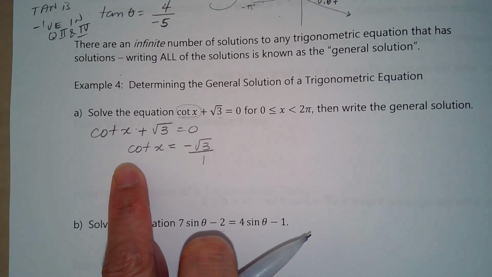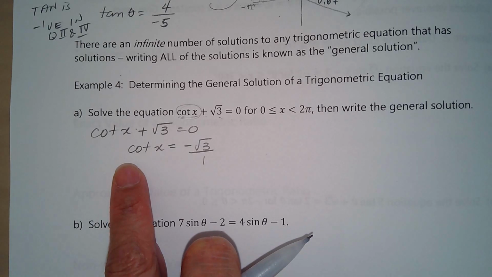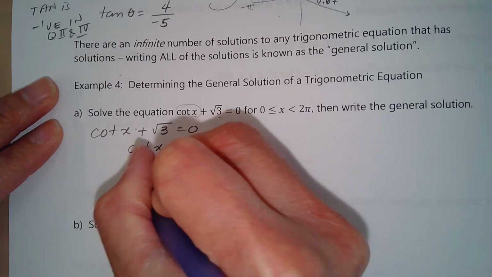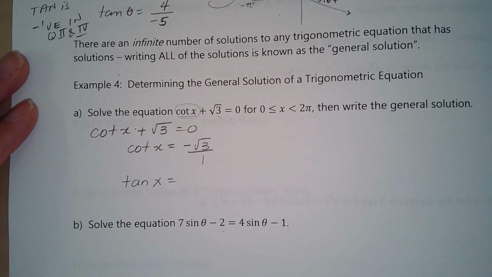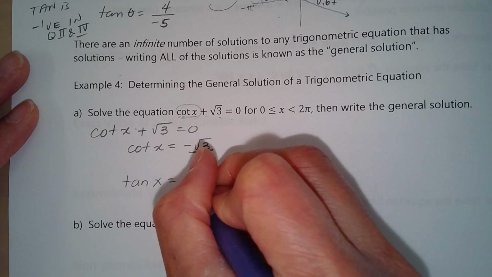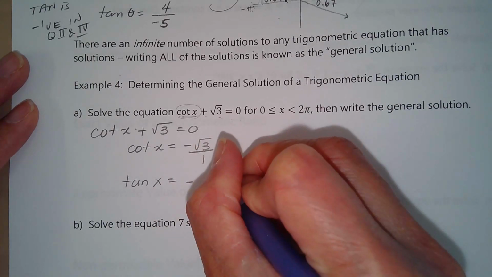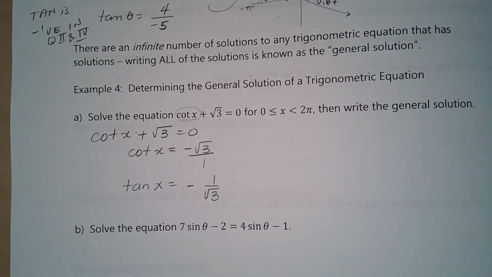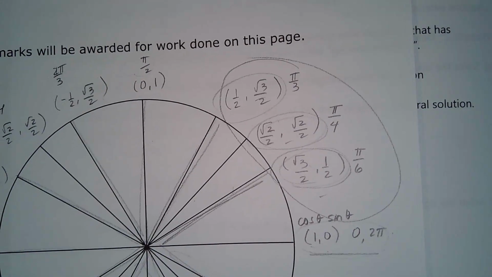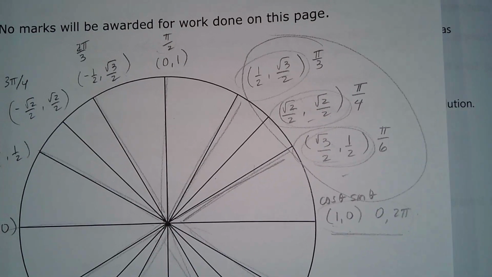Now it's easier for us to determine in terms of tangent, right? Cotangent is the reciprocal of the tangent, so what's the tangent of x then? Okay, so it's going to be negative 1 over root of 3. Now you look over here. Where is the tangent 1 over root of 3?